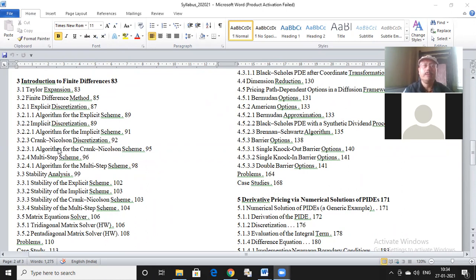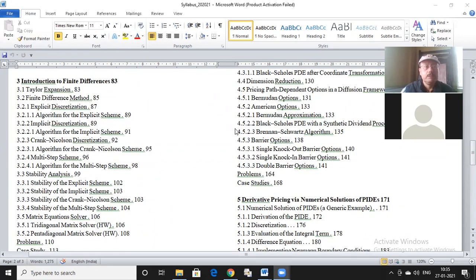Probably in your BStat first year or in your BSc first year, second year, somewhere, there should have been a numerical analysis course where you learned about Newton-Raphson, Gauss-Seidel-Newton methods, things like that, okay? So finite difference method is essentially the same thing applied in financial issues particularly.